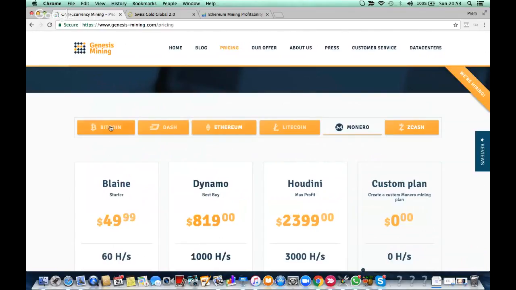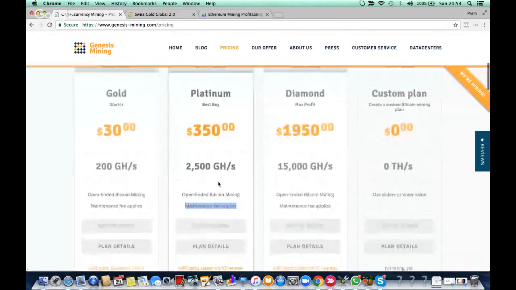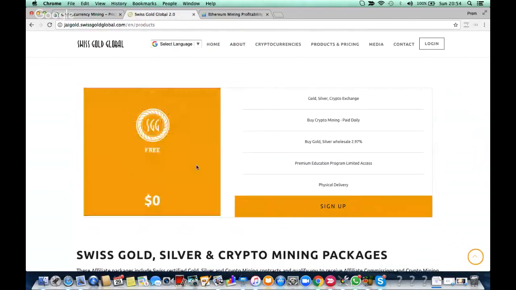Genesis mining here, for example, for Bitcoin, if you refer somebody directly to Genesis, Genesis pay you a nominal 2.5% bonus. We've got a deal with Genesis where the same contract for the same price will pay 2.5% to a free member. So if a free member refers another free member and they buy some mining, the first free member gets 2.5% on the mining bonus.